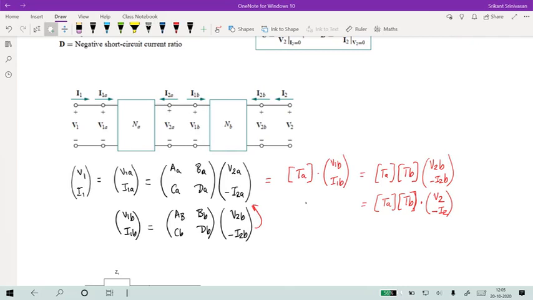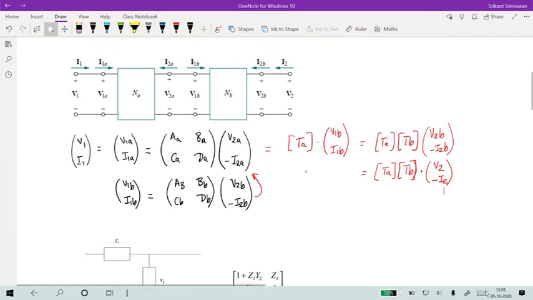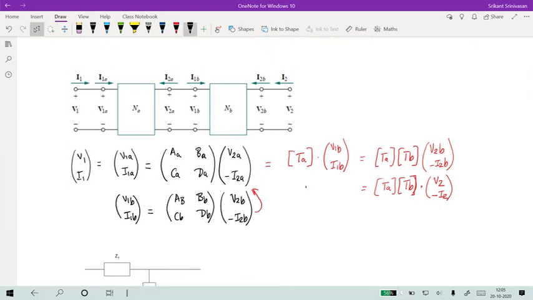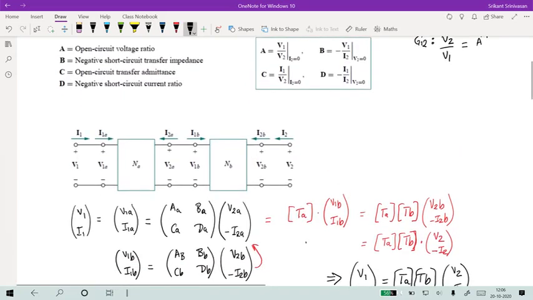And therefore you can say that the net result is that V1 I1, which is what I started off with over here, is equal to TA TB times V2 minus I2.